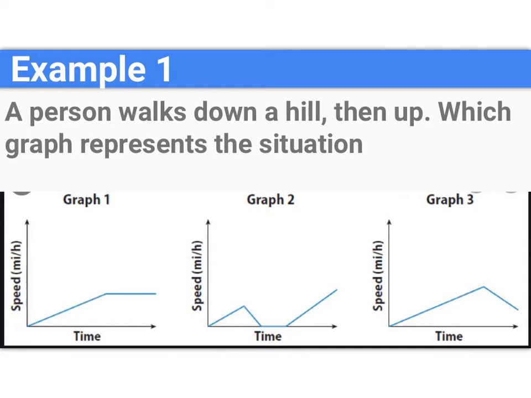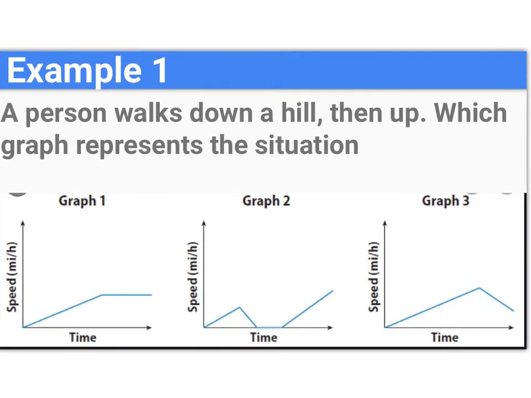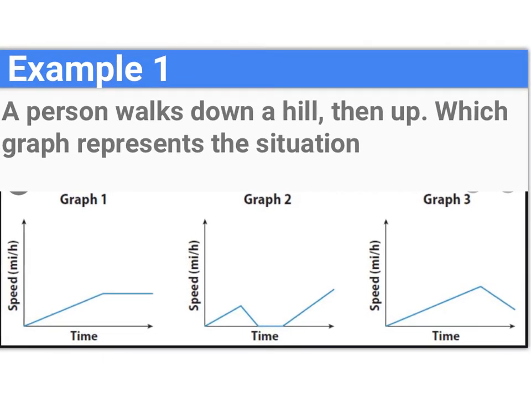And I guess this one will be the best one. Let me put my pen on so this doesn't move around. So from here to here, this should be a distance versus time graph.